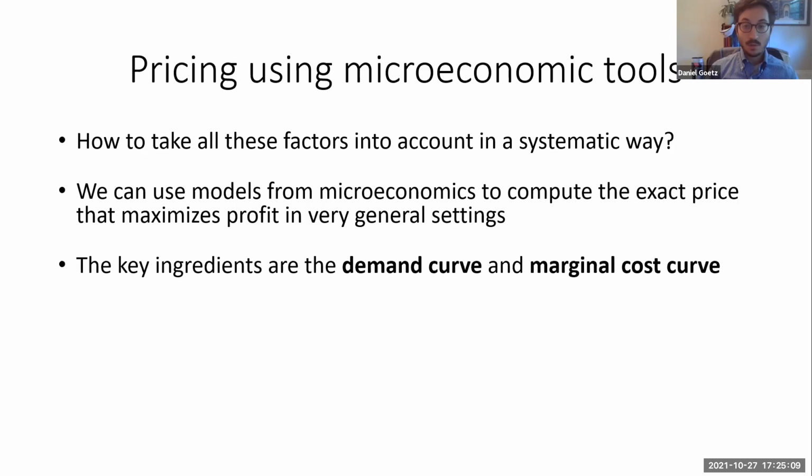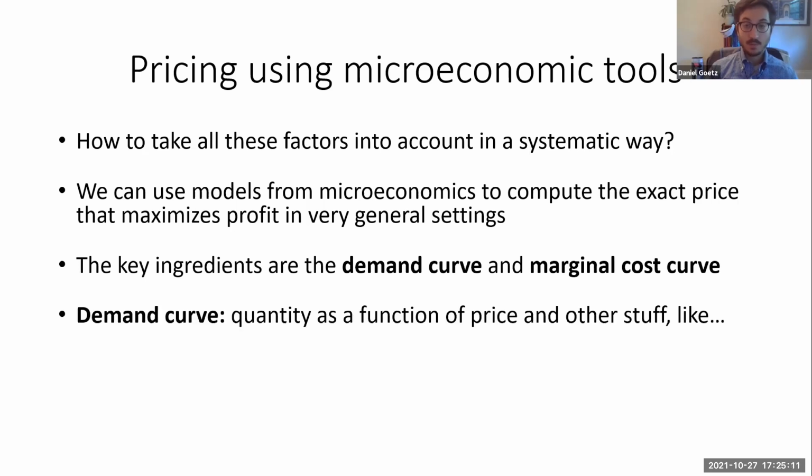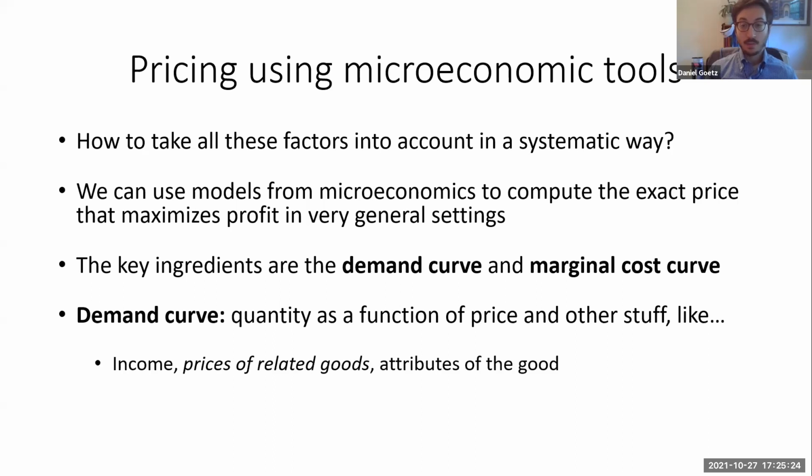You need a demand curve and you need a marginal cost curve. What are these two objects? The demand curve gives you the quantity that people are willing to buy of your product as a function of prices and other stuff, right? Like people's income, the prices of your competitors' products, the attributes of the good, and maybe things like context, right?